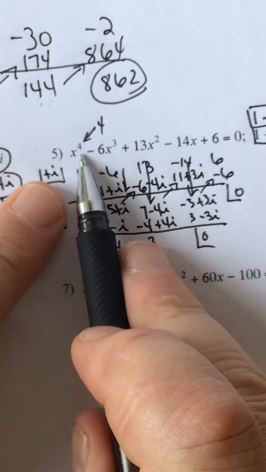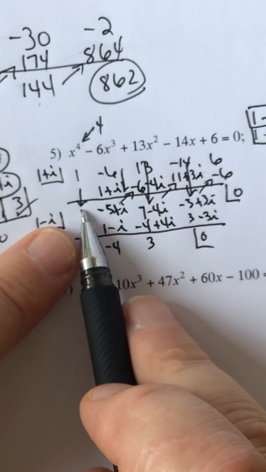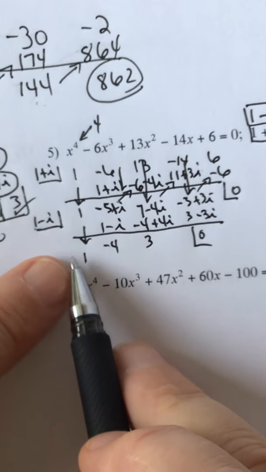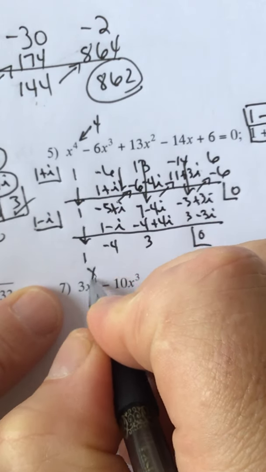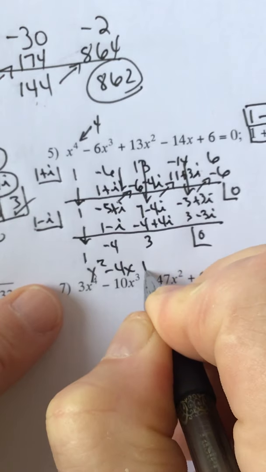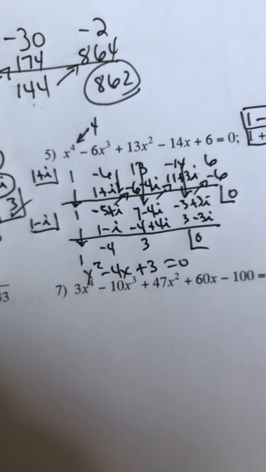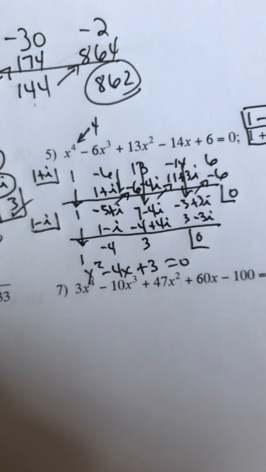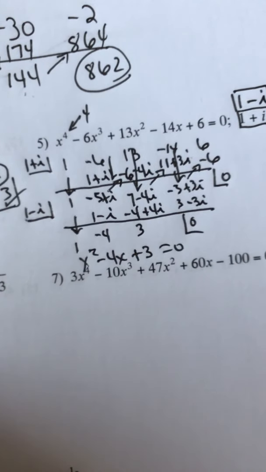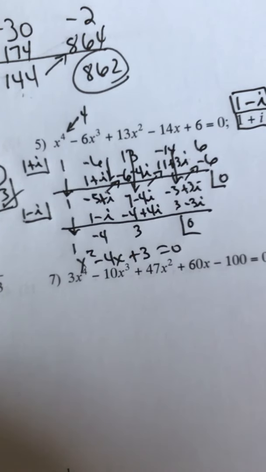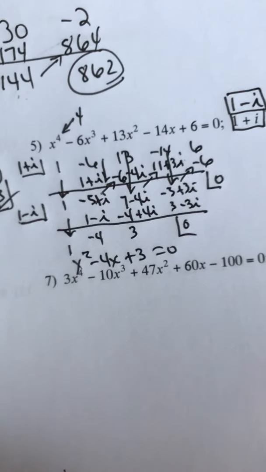Now, it started out as a fourth. We took out one, left a third. The third, we took out one. This is a second. What this means is 1x squared minus 4x plus 3 equals 0. Okay, well, I can either use the quadratic formula or I can factor it. This one factors easily enough.